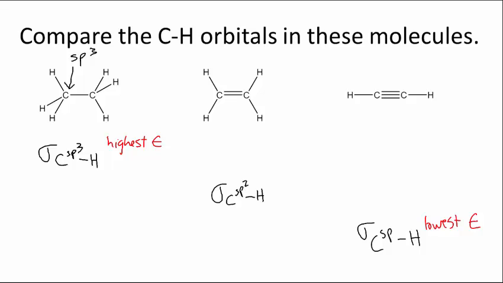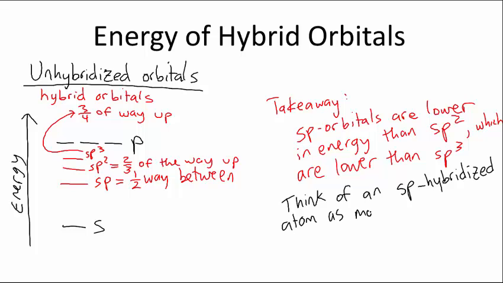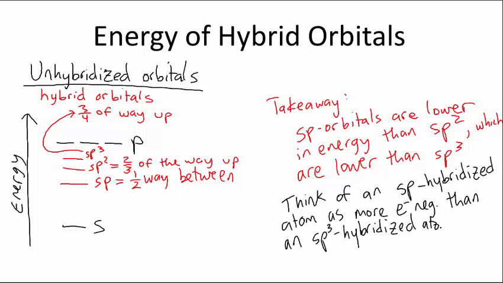Another way to think of this is you can think of an sp hybridized atom as more electronegative than an sp3 hybridized atom of the same element.